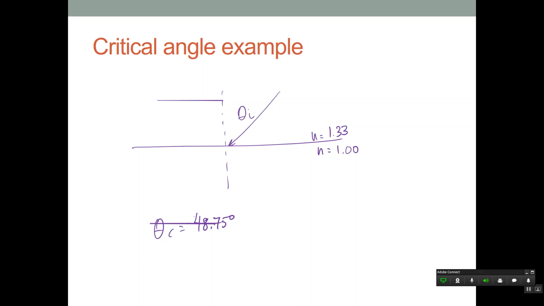Can someone try to rationalize for me why it has to be from slow to fast and it does not work if it's going from fast to slow? Try to think about that. I want an explanation.